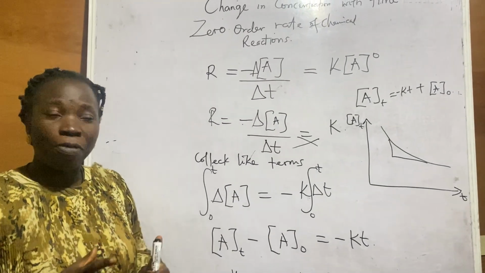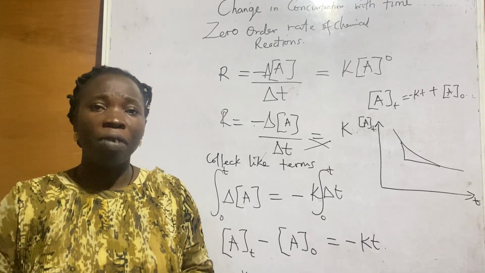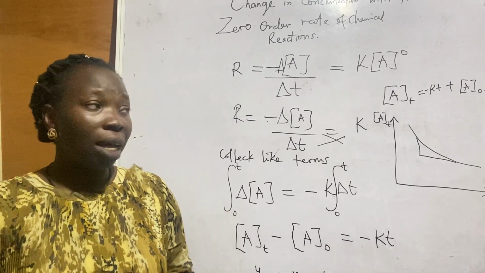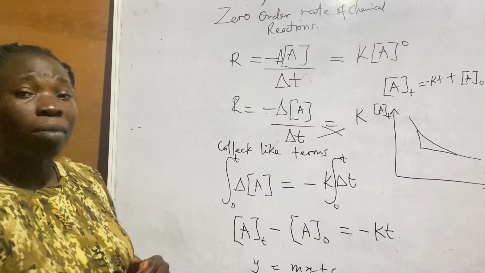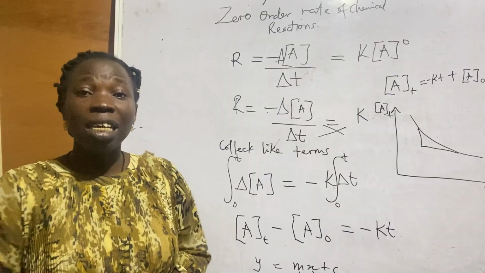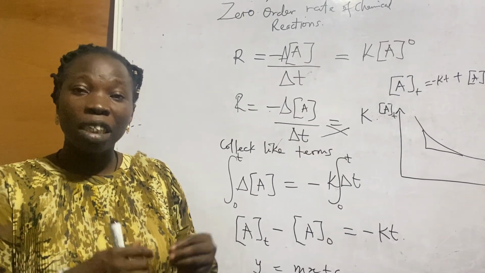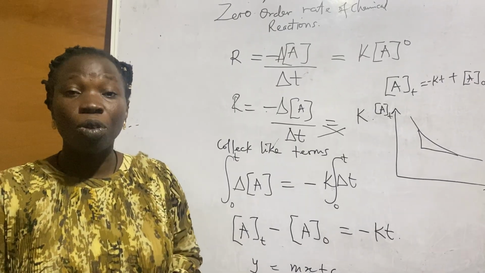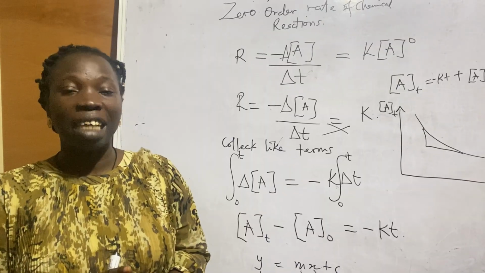So what is the difference from all this derivation? We should be able to know the difference between first order, second order, and what? Zero order. So using the graphical representation, we will know that for the first order, the y-axis is natural logarithm of the concentration of A, and for the second order, the y-axis in the graphical representation is 1 over concentration of A at time t.